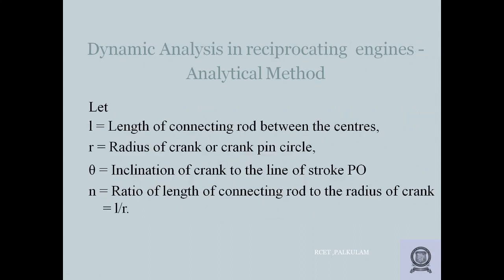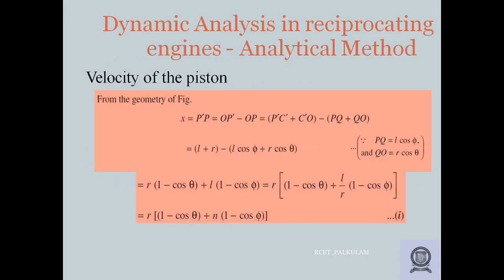Let L be the length of the connecting rod between the centers, R be the radius of the crank or crank pin circle, theta be the inclination of the crank to the line of stroke, and n be the ratio of the length of the connecting rod to the radius of the crank, L by R.